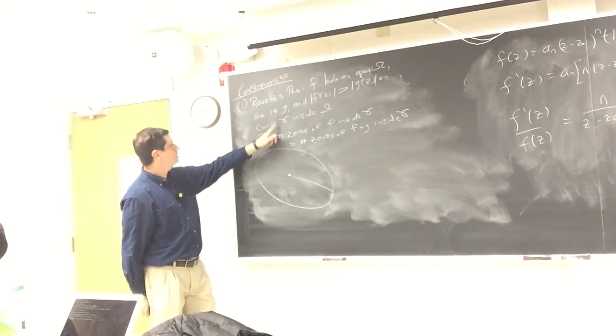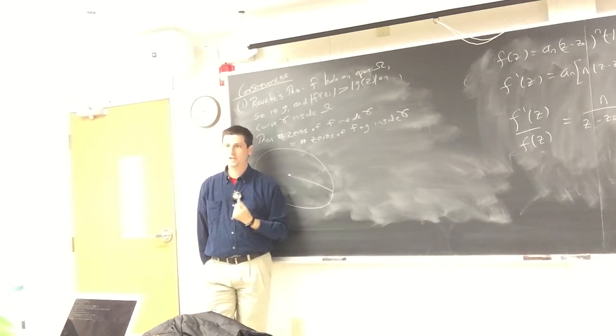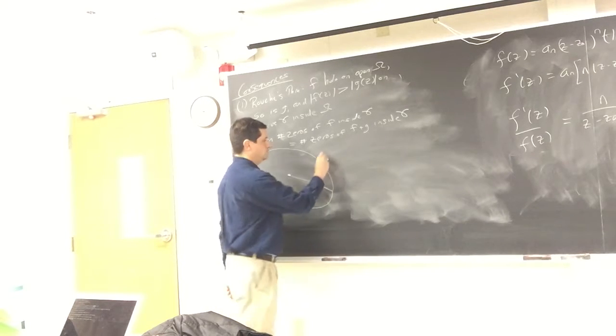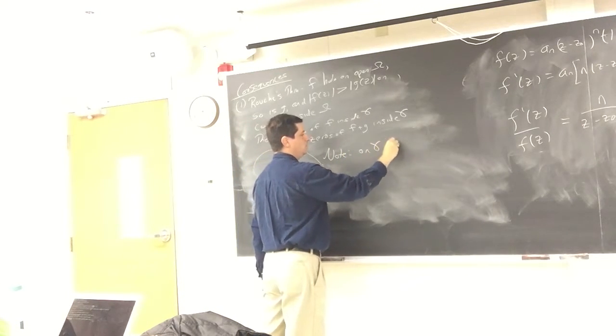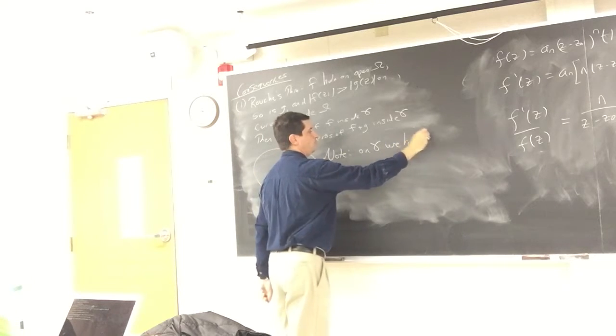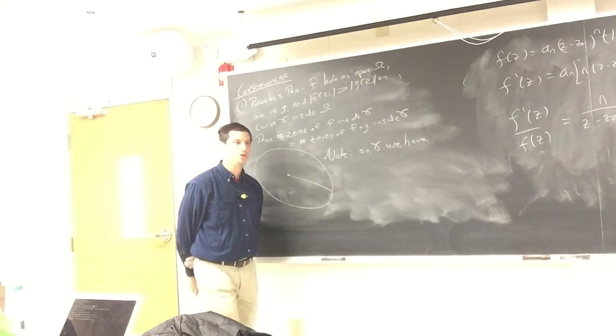In particular, notice as soon as I write this, you know something about the values of f on the curve gamma. What do you know about f on gamma? Note, on gamma, we have the following. What must be true about f? Bounded from below.